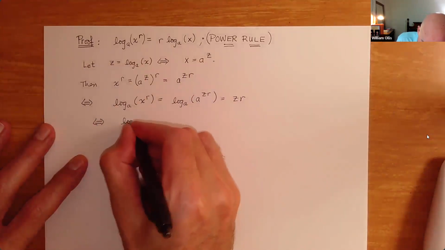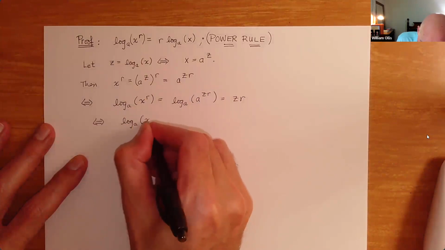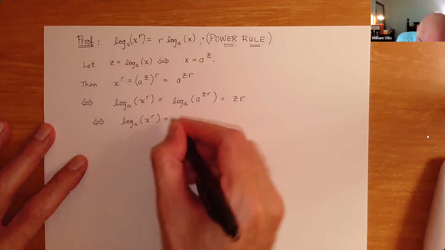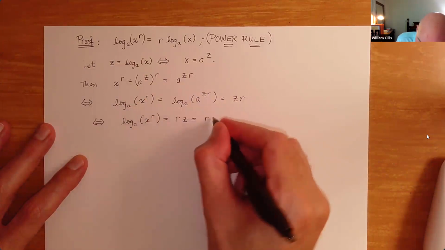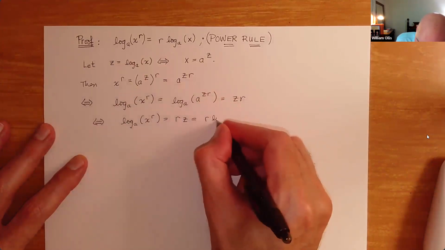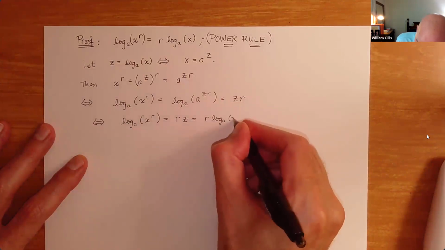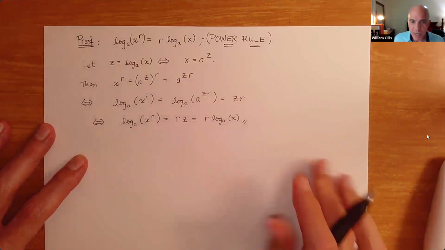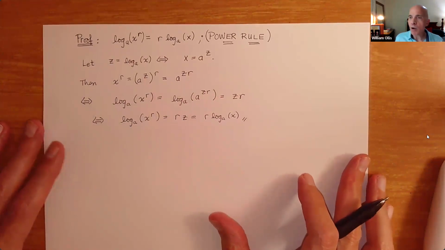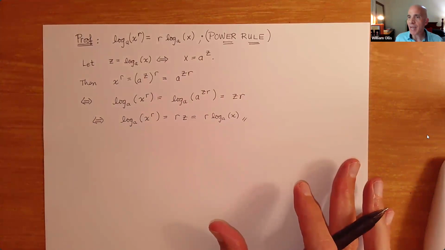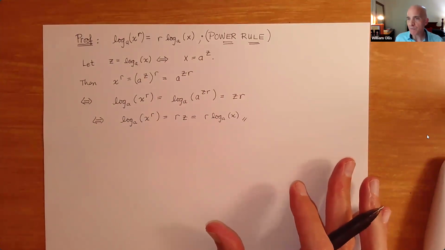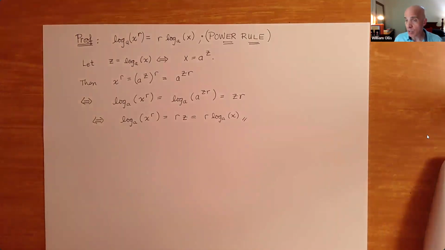So the base A logarithm of x to the r will just equal r times z, and then replace z with the base A logarithm of x. Now, this is very simple, but what we need and what we need to feel comfortable about is that we have a means to justify these identities with the definitions that we have constructed for the base A logarithm.